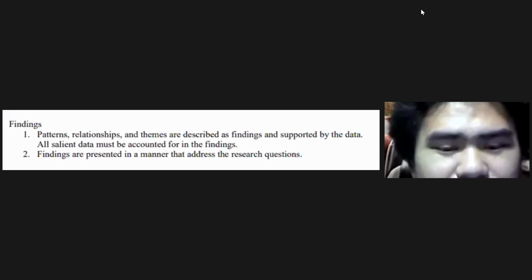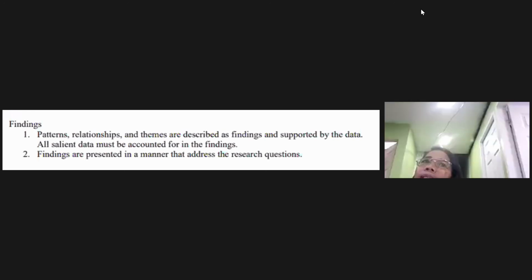Okay, and findings are presented in a manner that addresses the research question. Babalik yan kung question mo, yung statement of the problem.